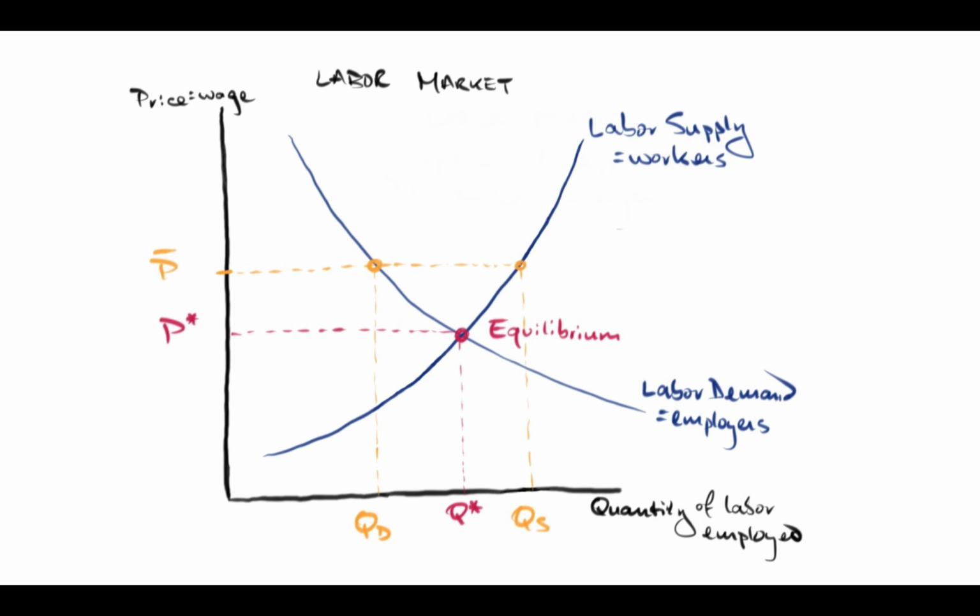There were no jobs that went unfulfilled. Every employer found a worker, and there were no workers who went without jobs. So that was the equilibrium. But this higher minimum wage encourages more workers to look for jobs, but employers can't afford to hire all of them.